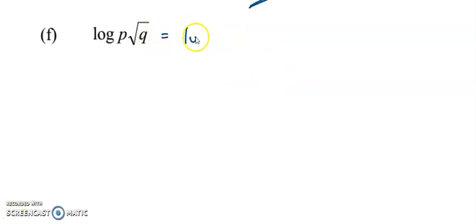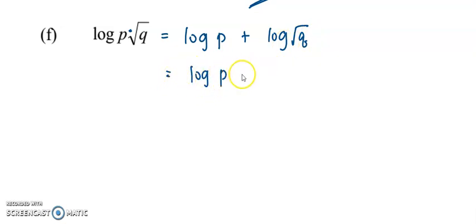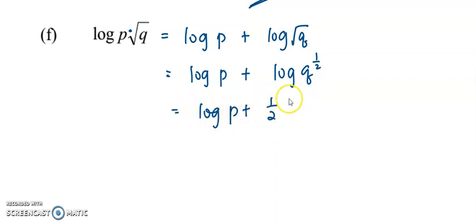The next one is log p multiplied by the square root of q. When you split them, you can write log p plus log square root of q. Since the instructions say in terms of p, q, and r, I will make this square root into the power of 1 over 2. Then finally move the 1 over 2 to the front using the third law of log. You get 1 over 2 log q.